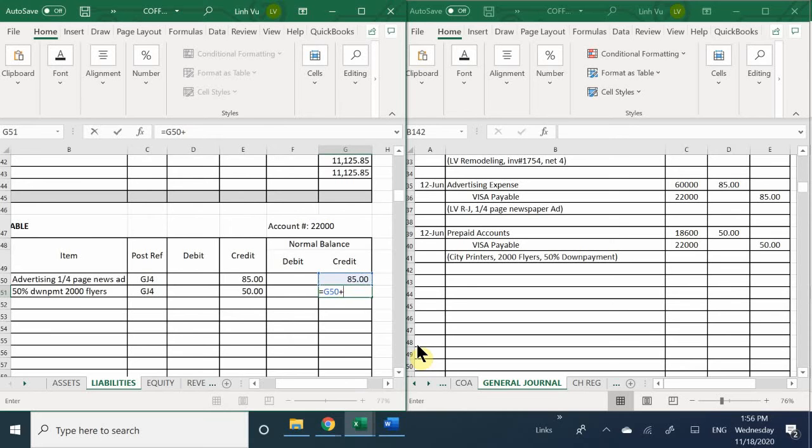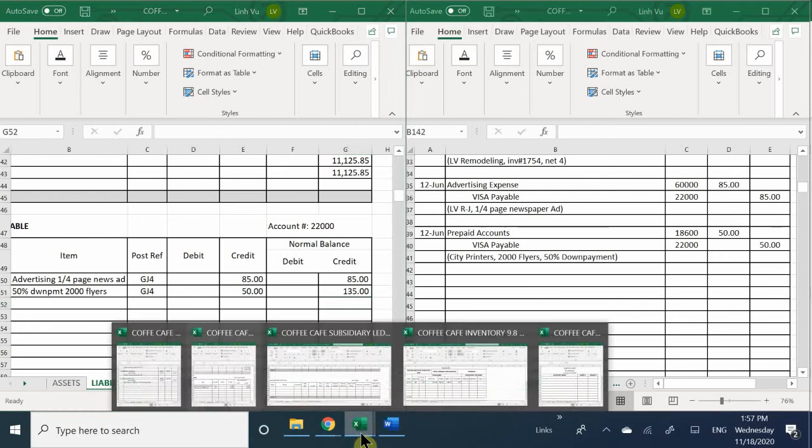We're going to add our credits, which right here we have 50, and we're going to subtract our debits, which is going to be 3 to the left. Not in the normal balance, but in the actual debit column. 135. Yes, 135 is correct.